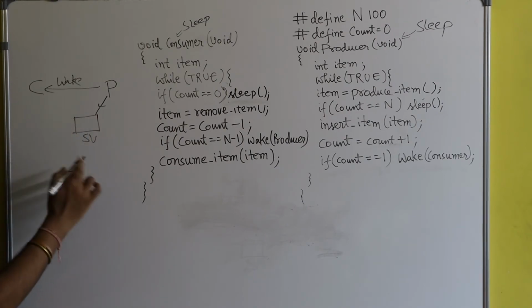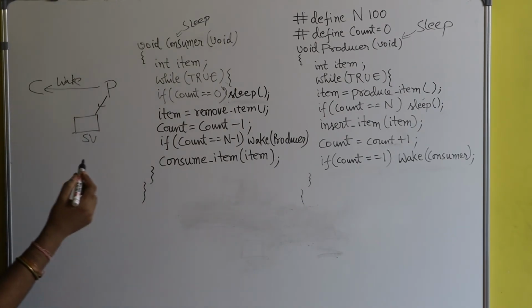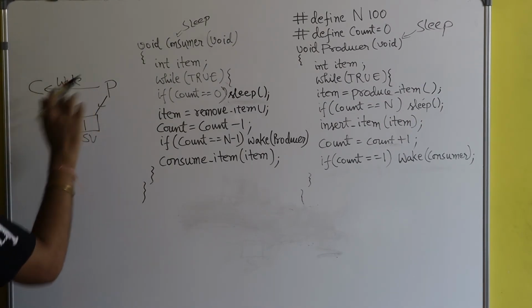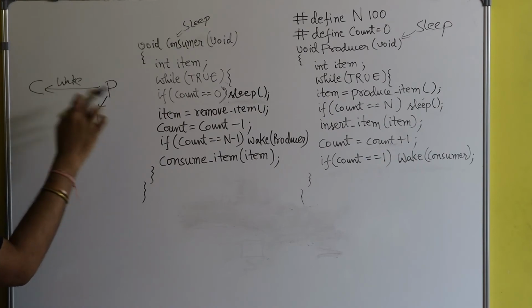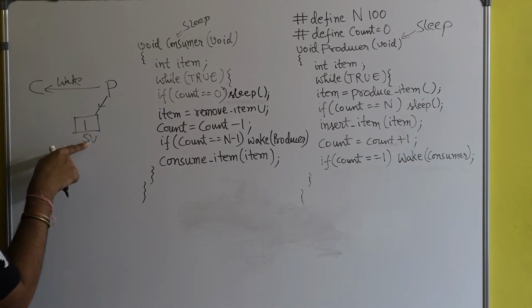Here you see I am writing. This semaphore variable is an integer, it holds some integer value. Suppose the semaphore variable is 1. It means what? The producer has sent one wake system call to this semaphore variable.